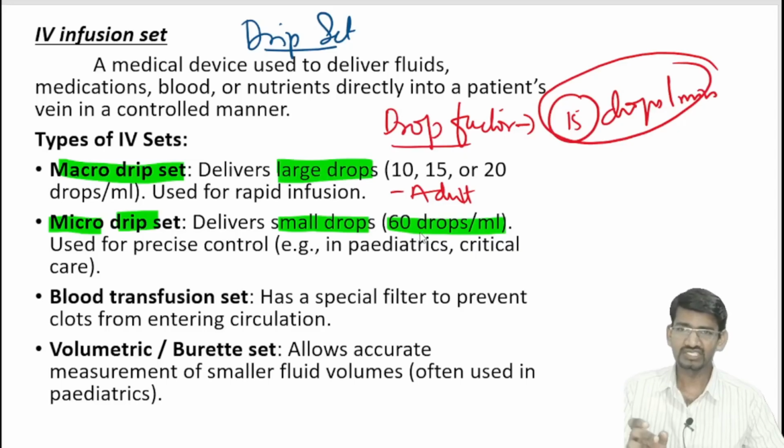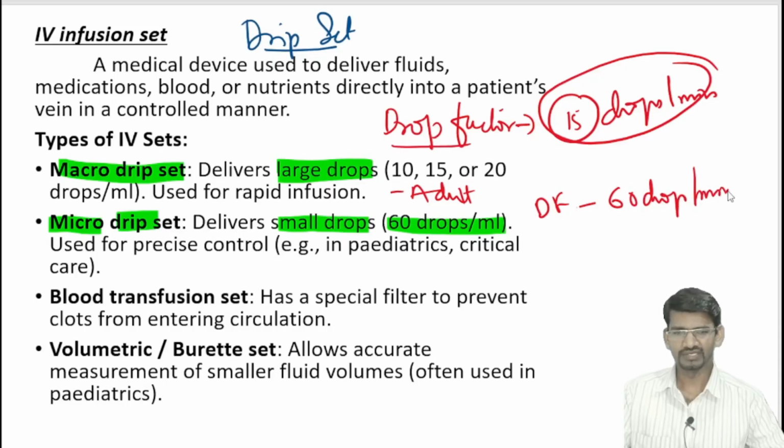So 60 micro drops or smaller drops account for 1 ml of the fluid. When we are using the micro drip set and it delivers 60 drops, that means 1 ml of fluid has been administered. So that is its drop factor: the drop factor of the micro drip set is 60 micro drops per ml.